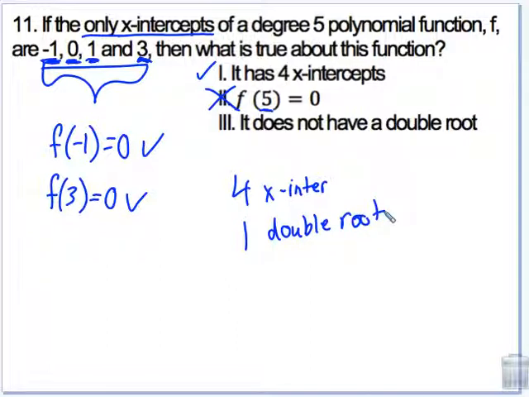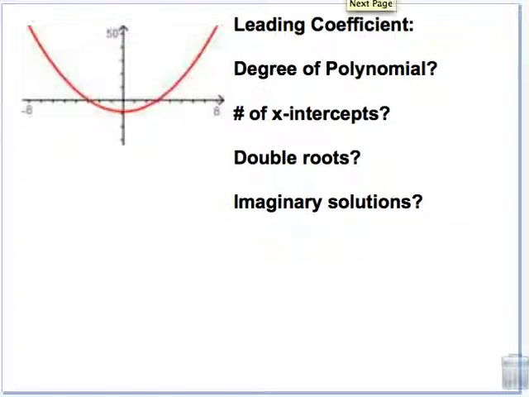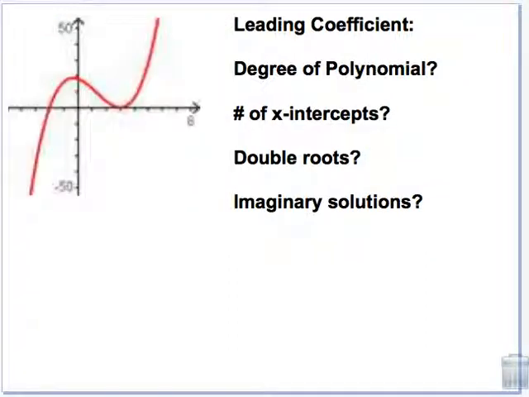Okay? All right, let's go through the rest of these quickly. In this graph, the leading coefficient is positive. It's a degree of 2 because I have one bend, and I have 2 x-intercepts. I have no double roots, and I have no imaginary solutions. Here's another graph. In this one, again, my leading coefficient is positive.